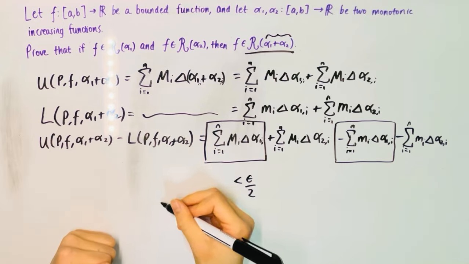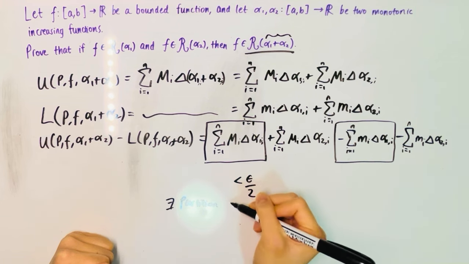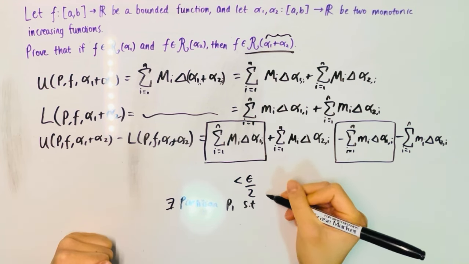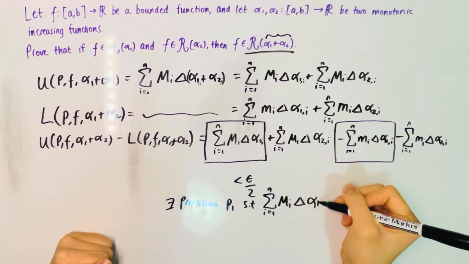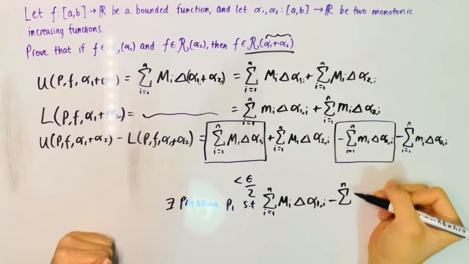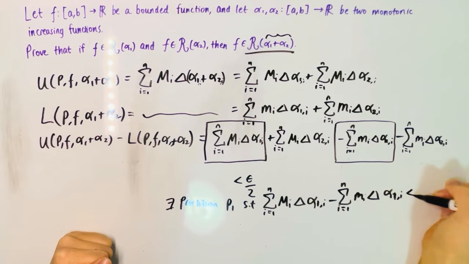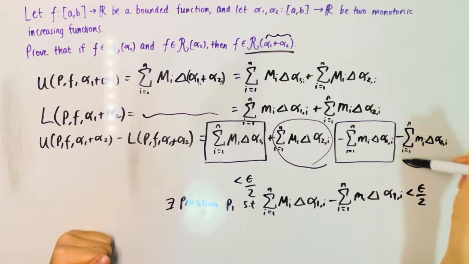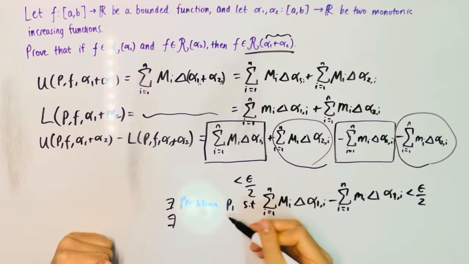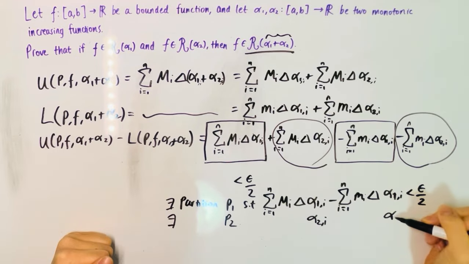So there exists a partition P1 such that the sum of Mi delta alpha 1 i minus the sum of mi delta alpha 1 i is less than epsilon over 2. And similarly, there exists P2 such that this with respect to alpha 2 is less than epsilon over 2.